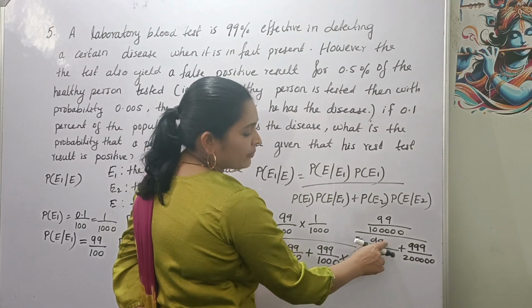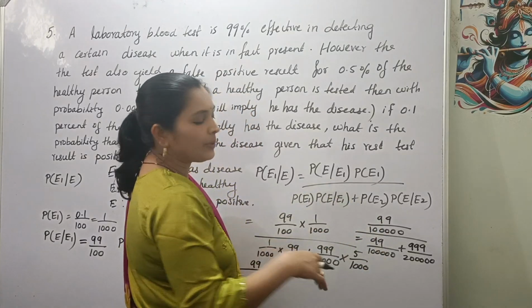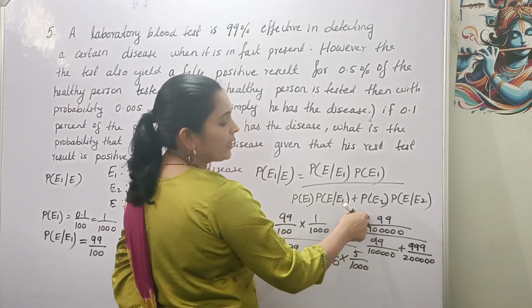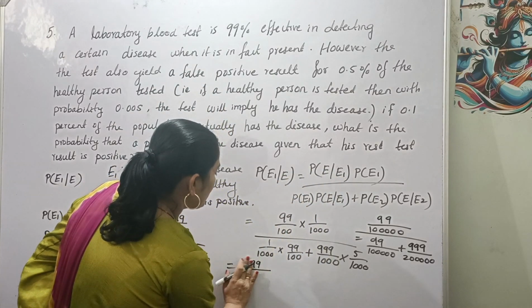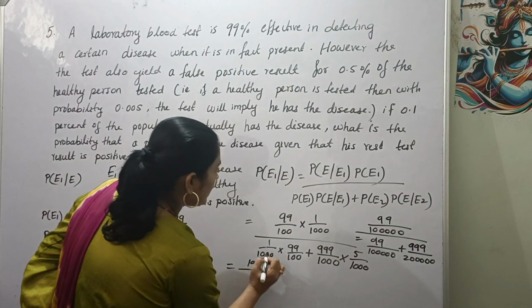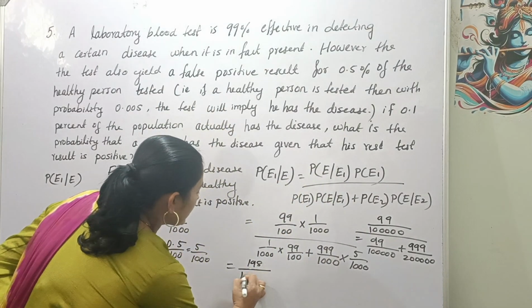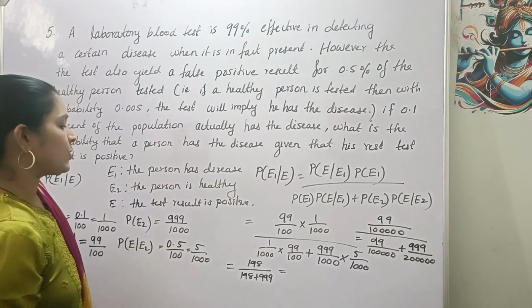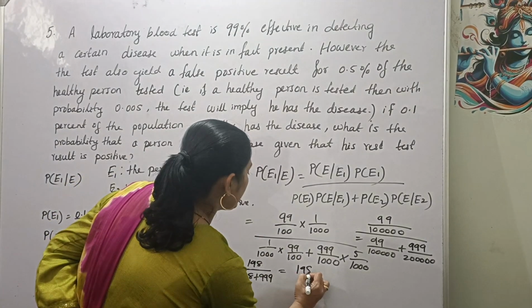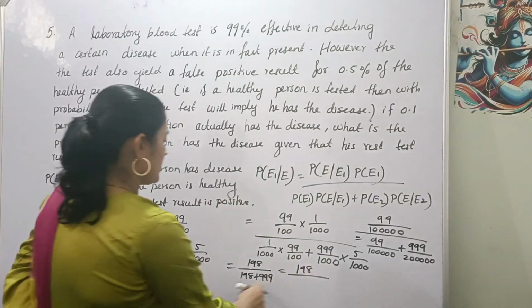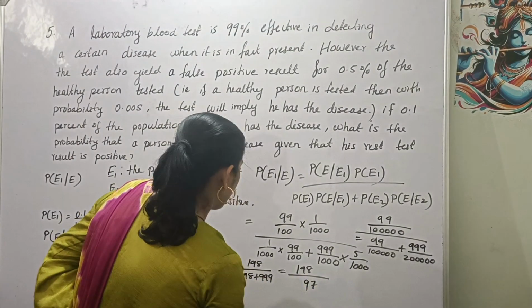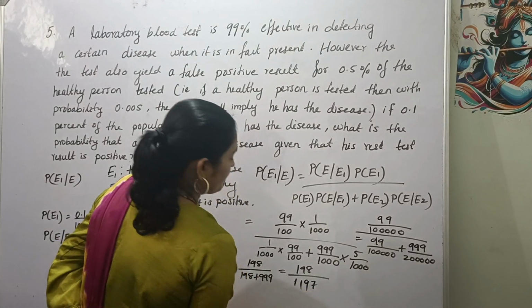Taking the LCM, the LCM is 2 lakh and take this 2 here in the numerator, so it will be 198 divided by 198 plus 999, that is equal to 198 divided by 1197, 9, 11.